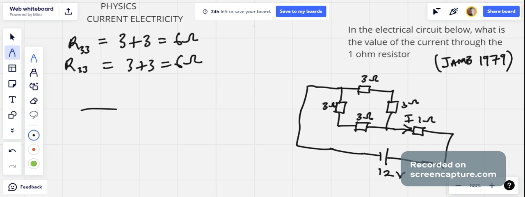If I redraw it, this circuit will become something like this.